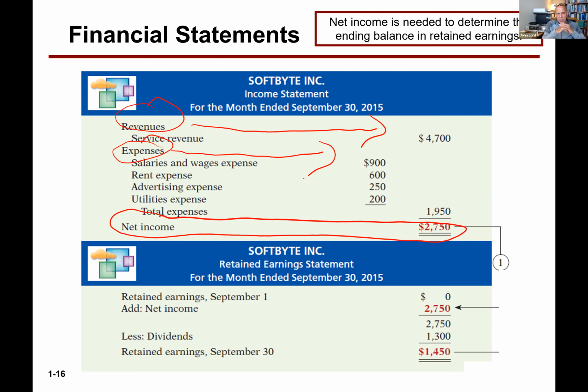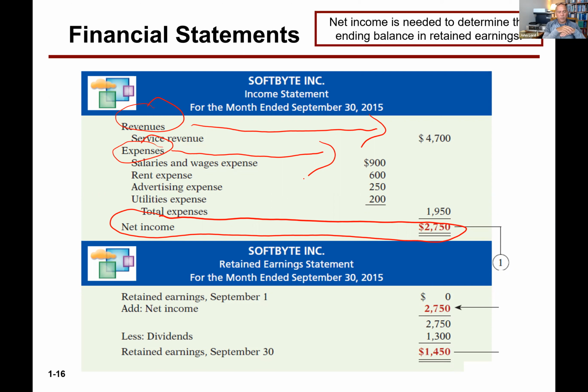So FASB says if you don't know what the outcome is of an expenditure, not an expense, but a payment for something, then you should treat it as an expense. It has no future economic benefit. The future economic benefit has expired. Expense, expired. I'm saying it funky like that on purpose. If it's reported as an expense, that means the future economic benefit has expired.